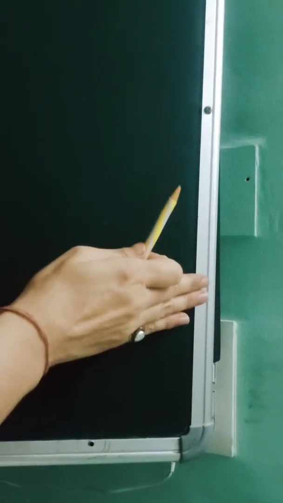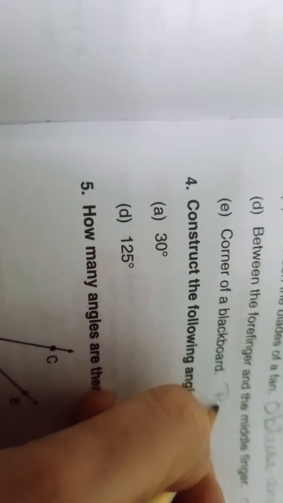Between the forefinger and the middle finger, this is an acute angle because it is less than 90-degree. So they form an acute angle. Corner of a blackboard. If you see the corners of a blackboard, they also form a right angle, 90-degree angle. So the corner of a blackboard forms a right angle.